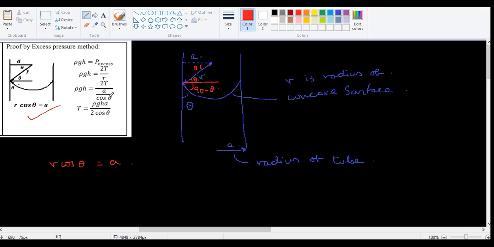After that, it's very, very simple. So what is excess pressure? This side is your concave side. This side is your convex side, which means this side it will be P atmosphere. This side will be P atmosphere minus P excess.